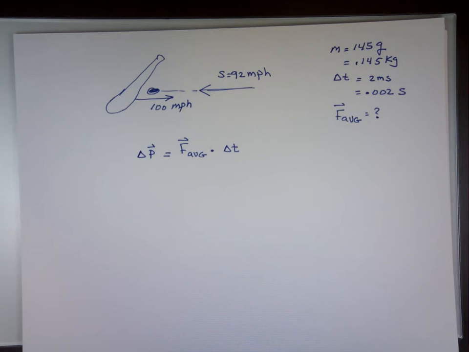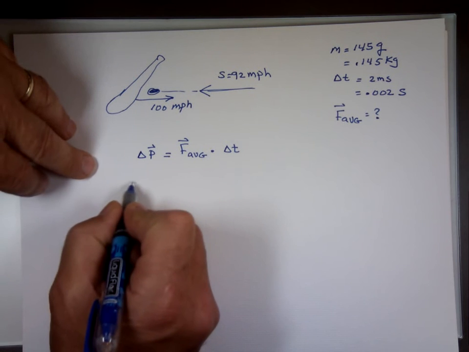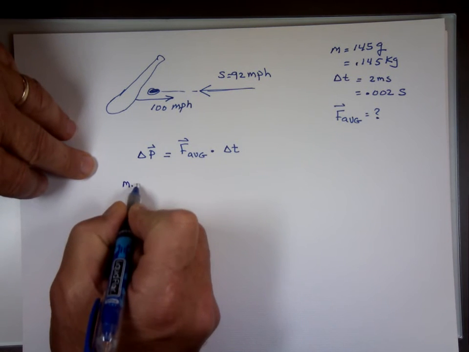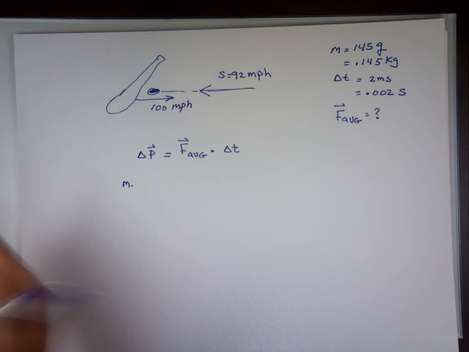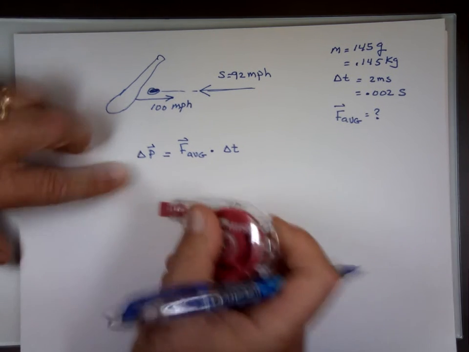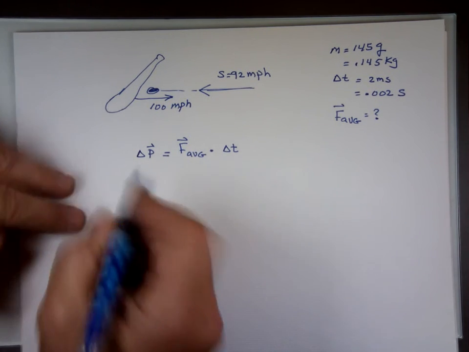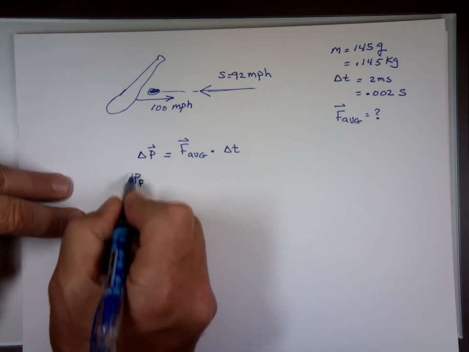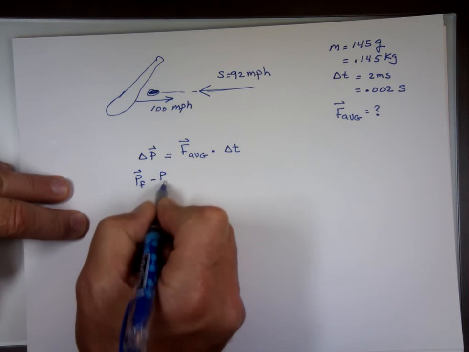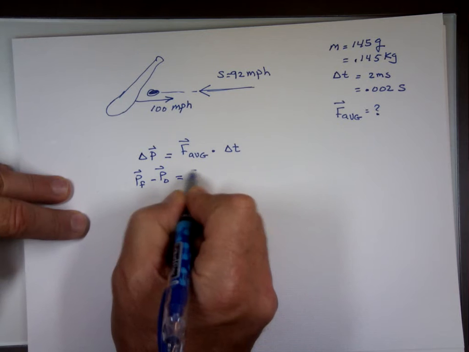And the change in momentum is what? The final momentum minus the initial momentum equals F average times the time.